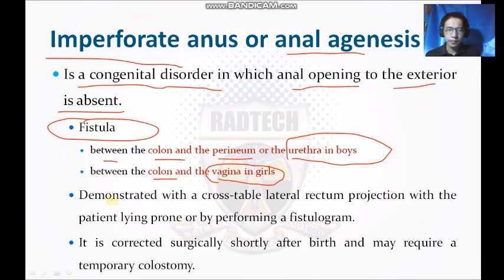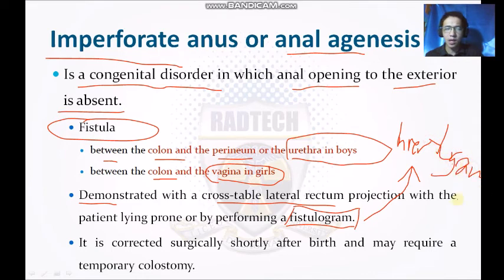Okay? So demonstrated with or can be demonstrated with a cross-table lateral rectum projection with the patient lying in prone or by performing a fistulogram, or basically that is a radiographic examination of the abnormal mga connections. Or if baby pa ang patient, then we can do an invertogram.